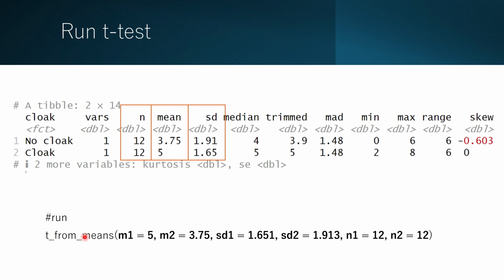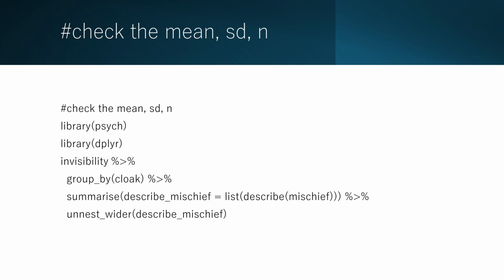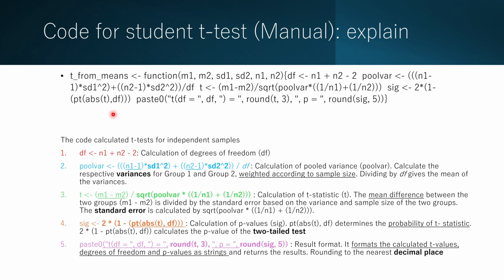And we can run the t from means, and we use these values here. M1 equals 5, M2 equals 3.75, and the standard deviation is here. This is the setting. And this t from means command is here.